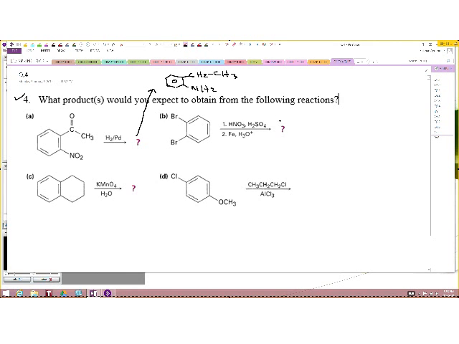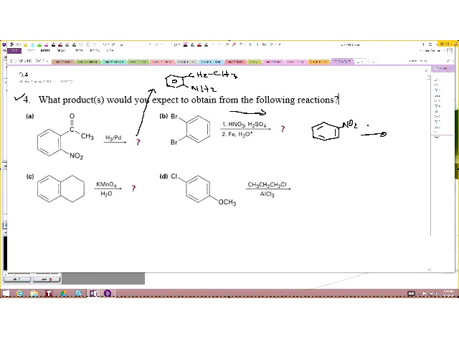About this one here. Nitration followed by NH2. Very good. The first step is nitration.